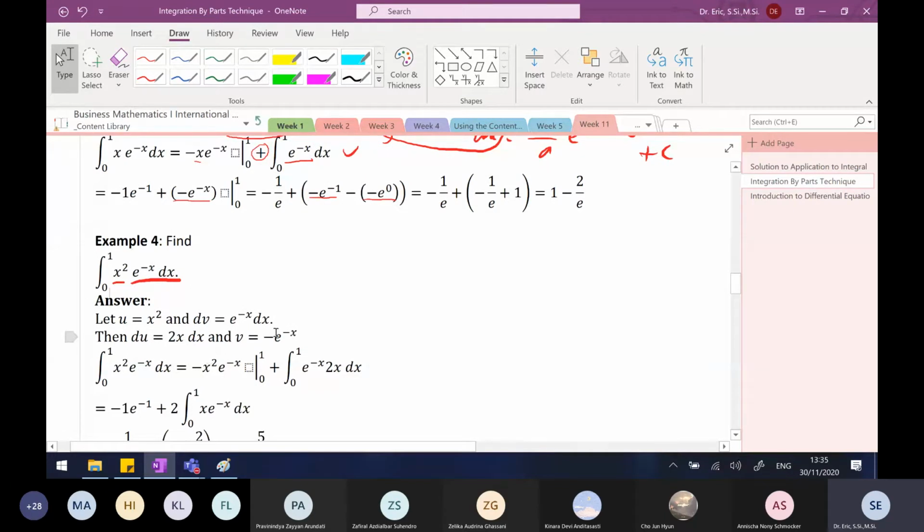And so you have the integral is uv, and the sign comes in front: minus x squared times e to the power of minus x, evaluated at 0 and 1, plus, don't forget, for an indefinite integral, if you have the boundary, you cannot have the constant.